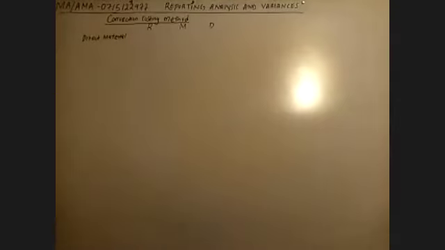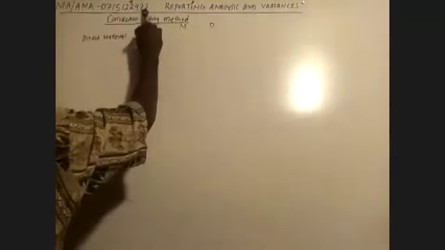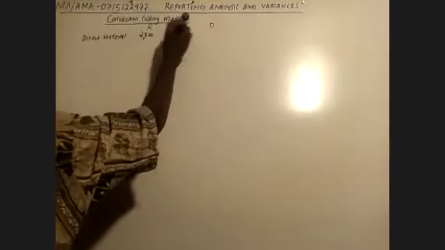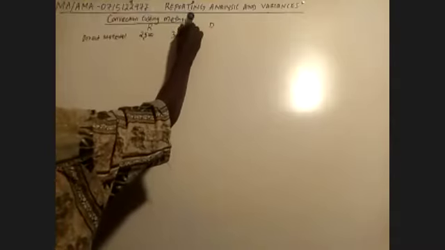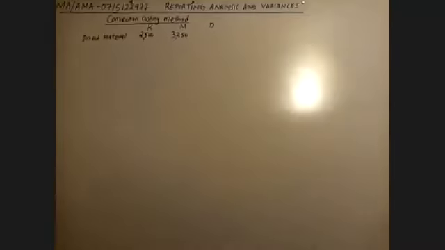What is the direct material cost per unit? From the question, for R you have 2,500, then I think M is 3,250, then D is 5,550.